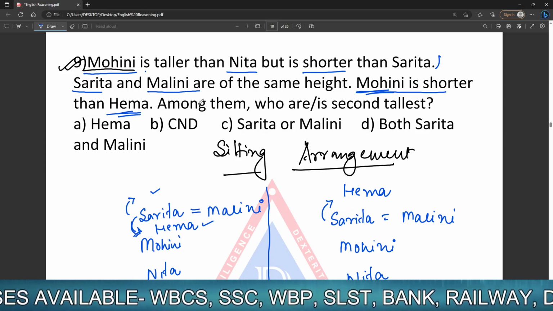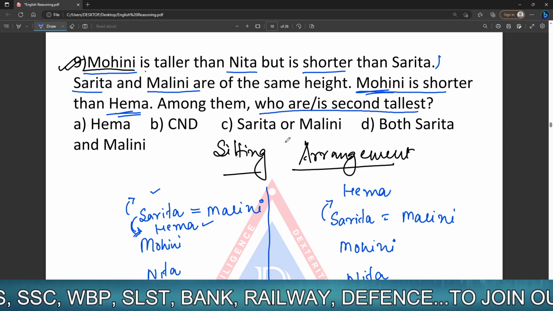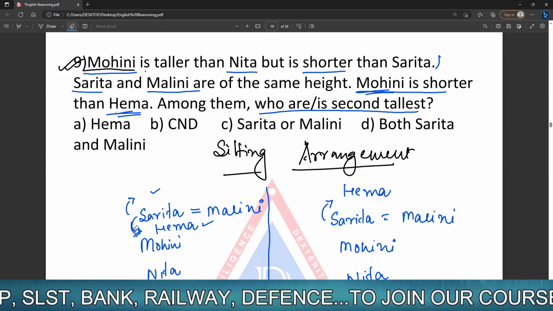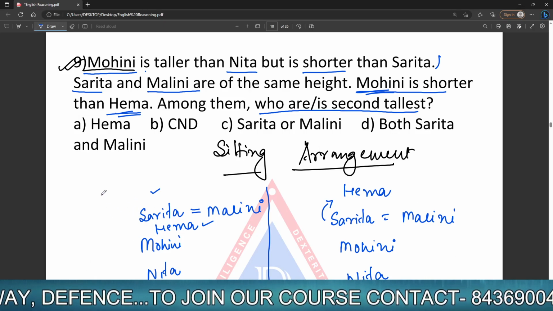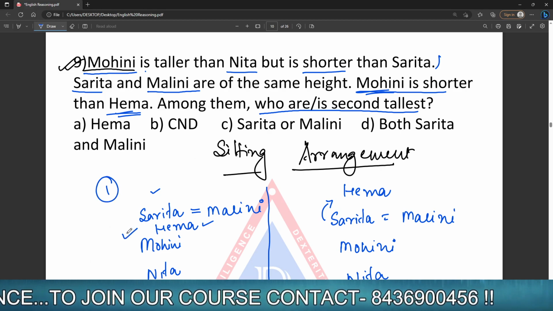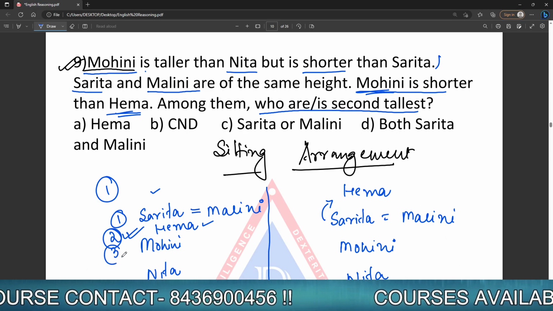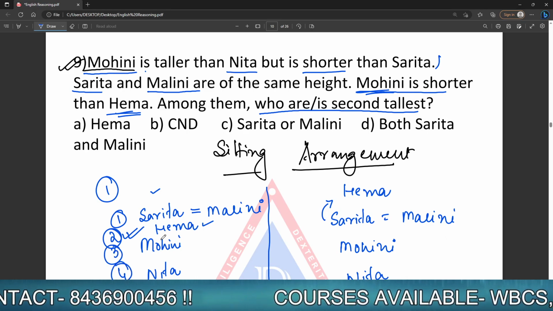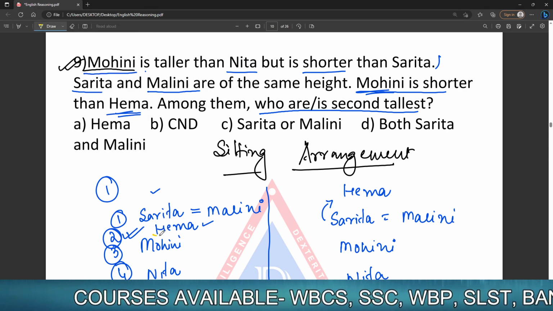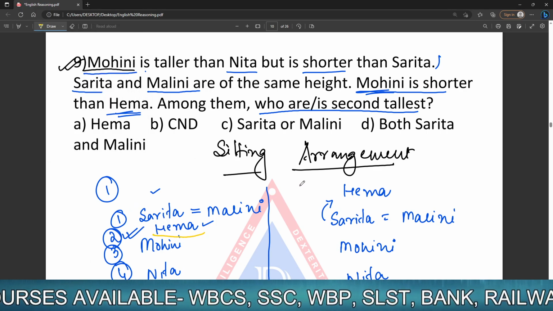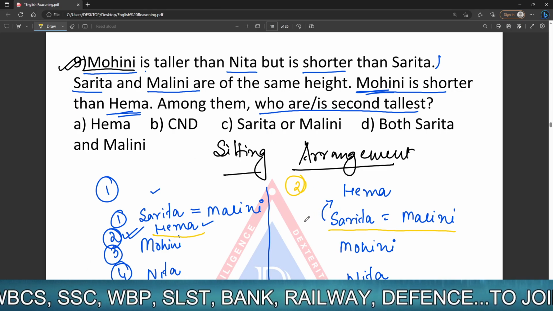What does the question state? The question requires who is the second tallest. From the first case we can see Hema is the second tallest: first, then this is second, third, fourth. Hema is second tallest from the first case, and either Sarita or Malini is second from the second case.